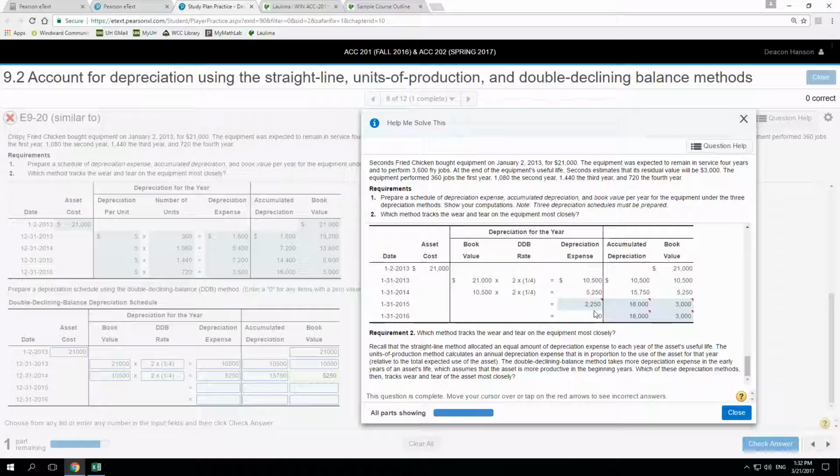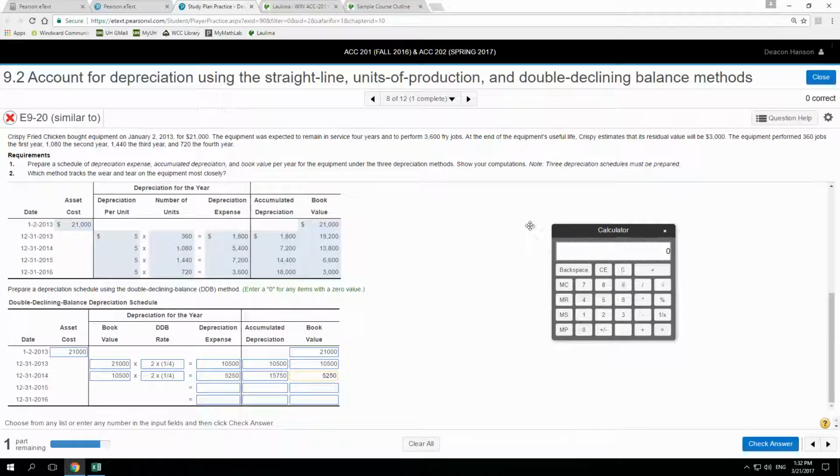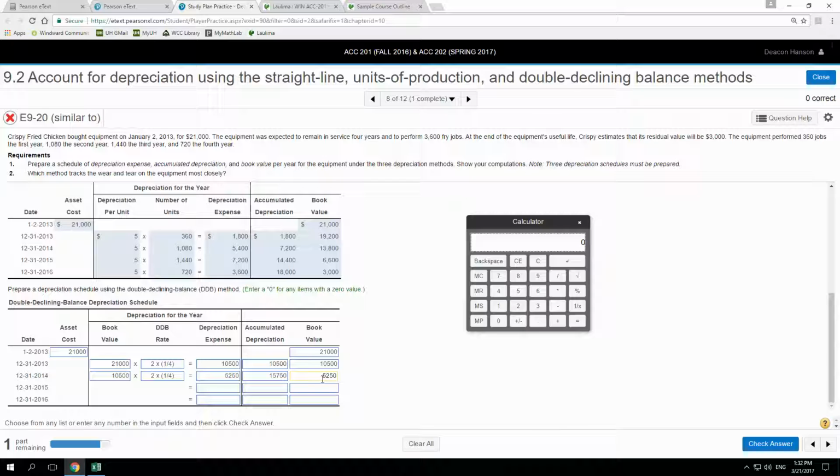What they're telling me now is you're only going to take enough to get it to 3,000. So you really don't have to do that straight line switch, because if we went with double declining, it would take this below.